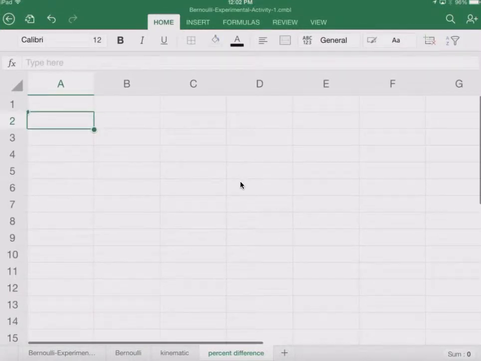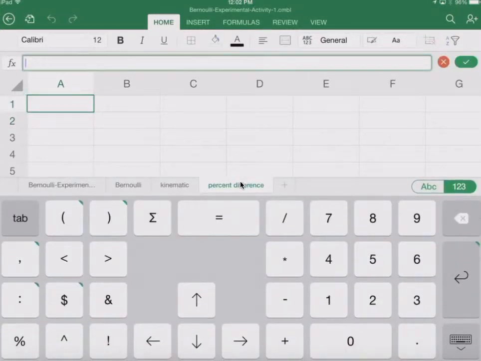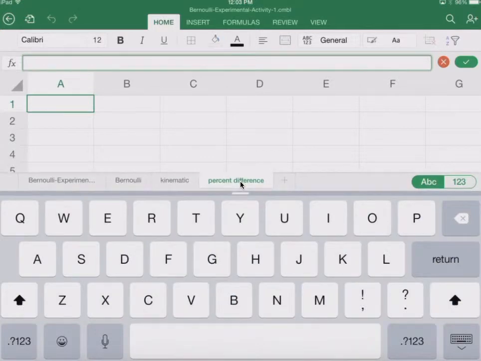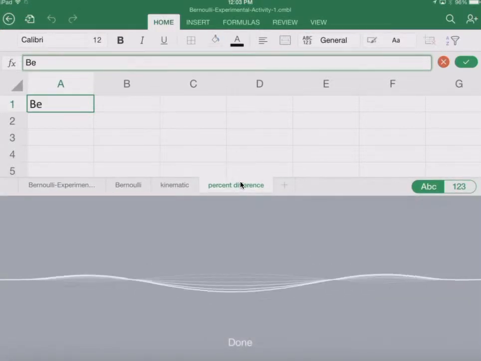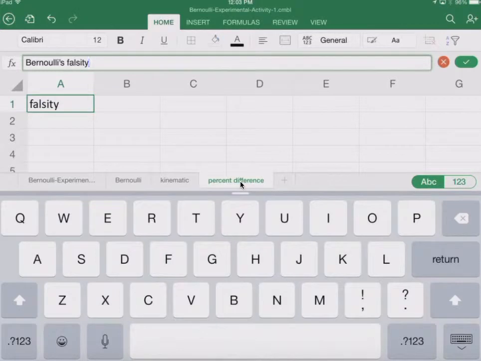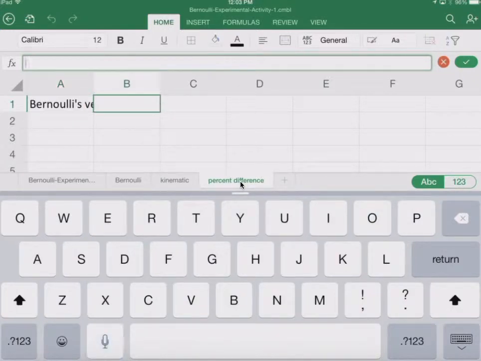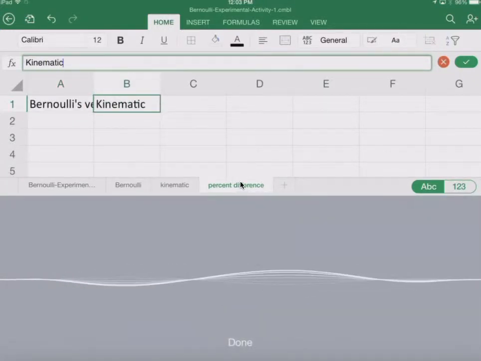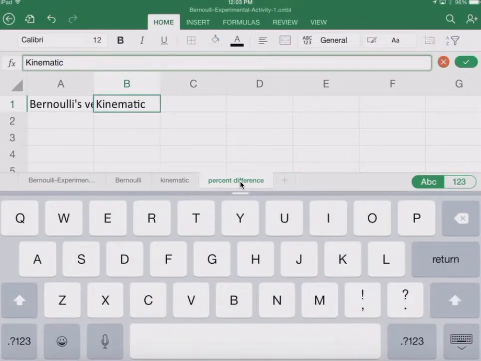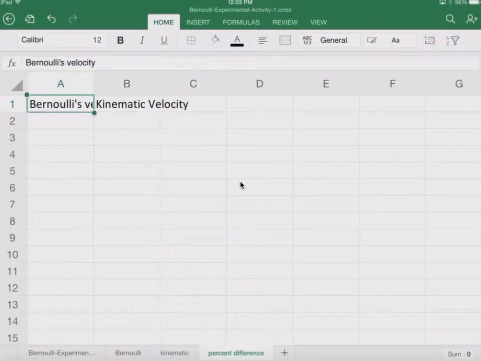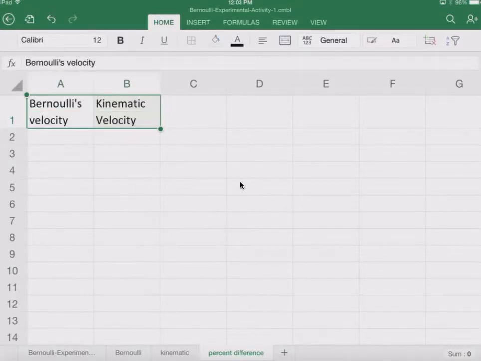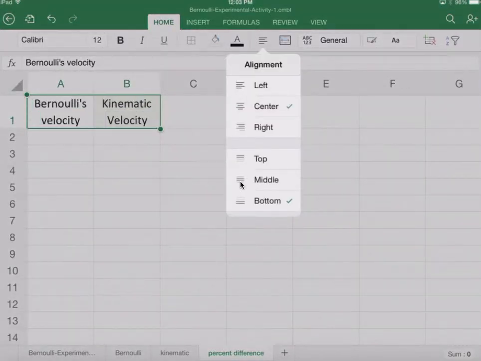So we want to have our two velocities come in here. The first one was Bernoulli's velocity. The next one is going to be kinematic velocity. We already know that both of them are going to be in meters per second.